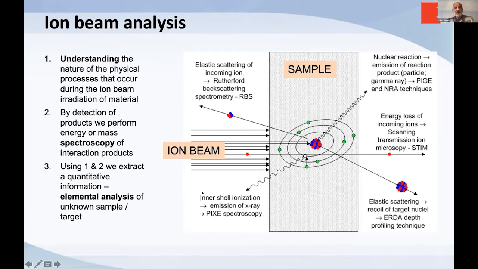The ion beam analysis is based on the fact that today we very well understand the nature of the physical processes that occur during irradiation of material. And if we are able to detect the products of emission from the sample, we can make a spectroscopy, which can be either energy spectroscopy or mass spectroscopy.